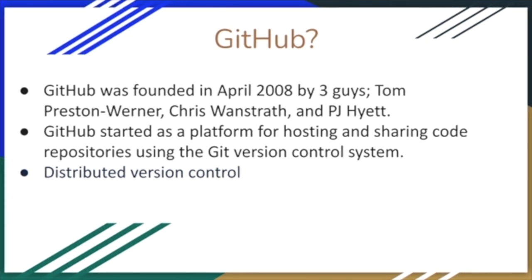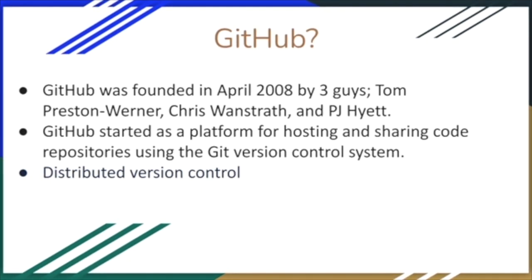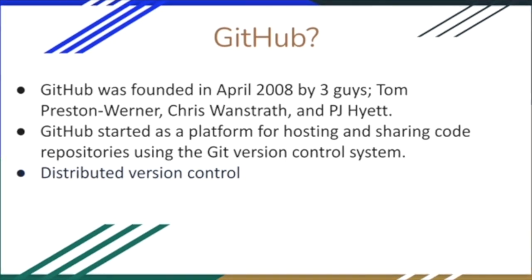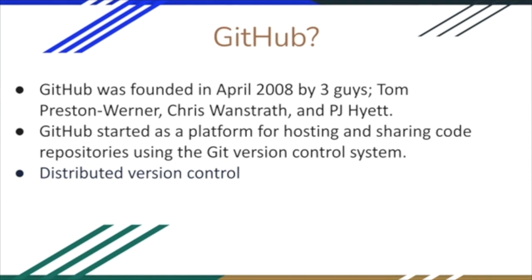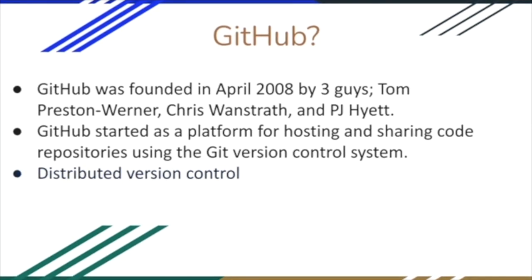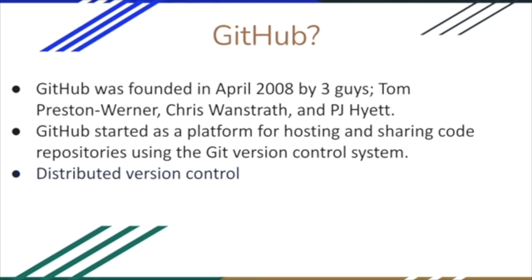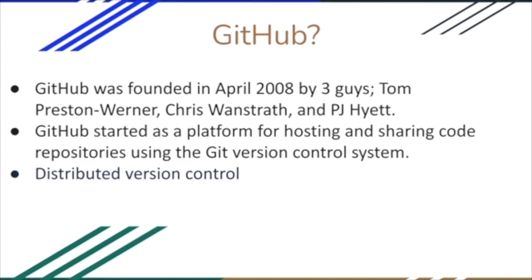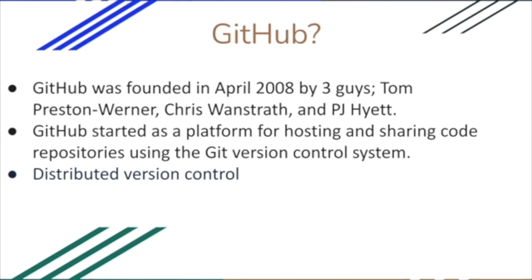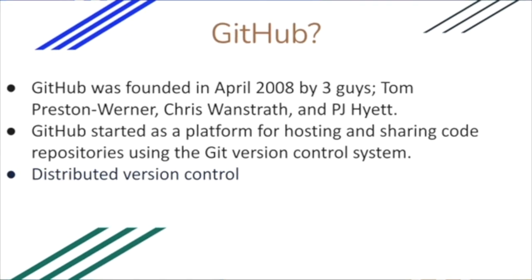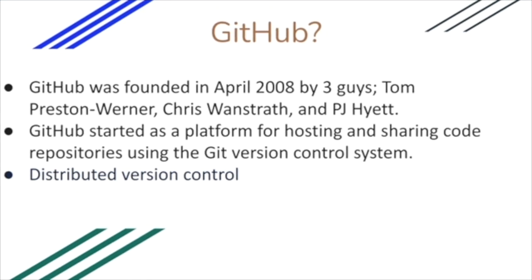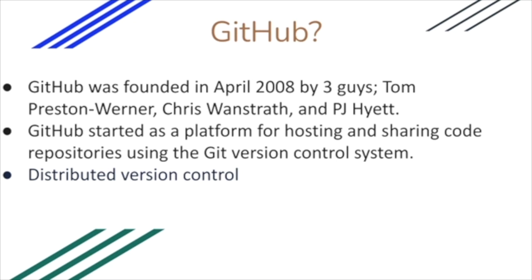So you share code, and it also helps engineers work together remotely. That's the whole concept of GitHub, and it is a distributed version control. That's one thing that makes it better than other version controls we've had, because distributed means you don't have to work in the same location.